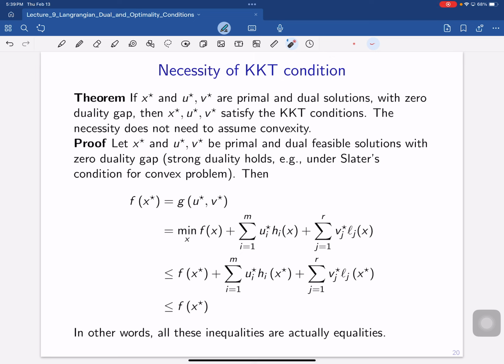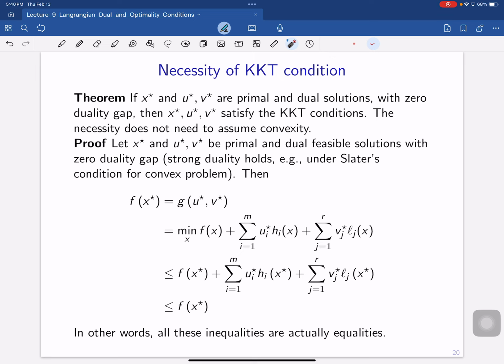If I pick the optimal x, then that will be this equation here. Now this term is also less than or equal to f(x star).